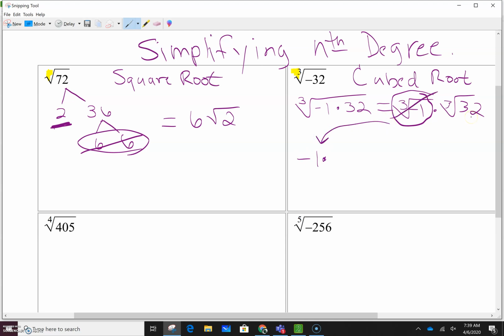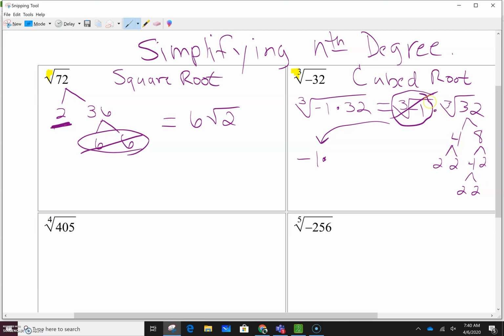Now I'm going to start factoring 32. 32 is 4 times 8. 4 is 2 times 2. 8 is 4 times 2. And this 4 can be broken apart some more as 2 times 2. So all these 2's are what make up the number 32.